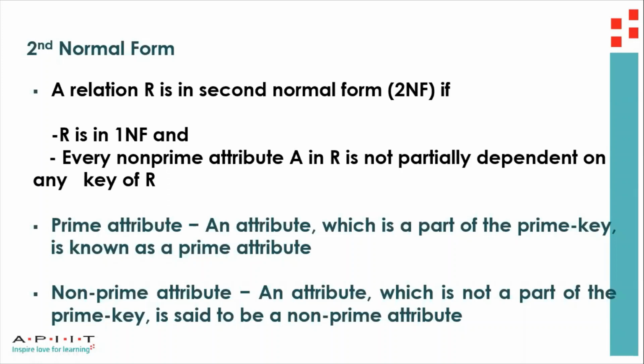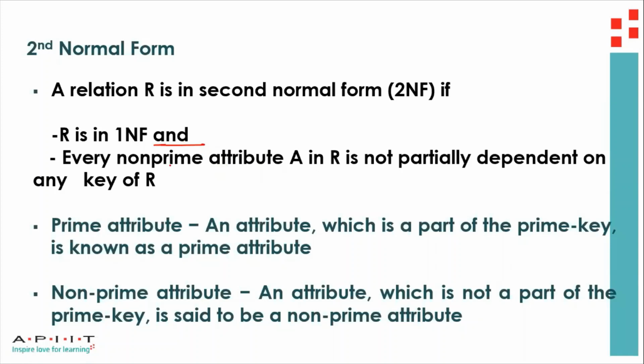So in order to be inside the second normal form, you have to satisfy the first criteria, the first normal form, and, it says, every non-prime attribute A in R is not partially dependent on any key of R. I know this is not very clear to you, I'll take some examples and let you know.